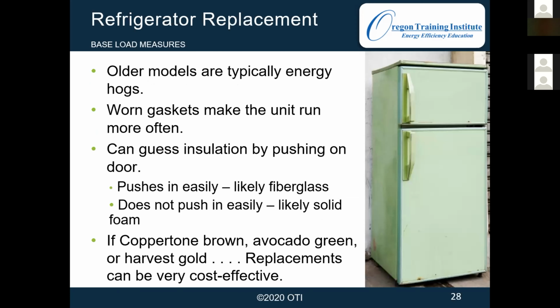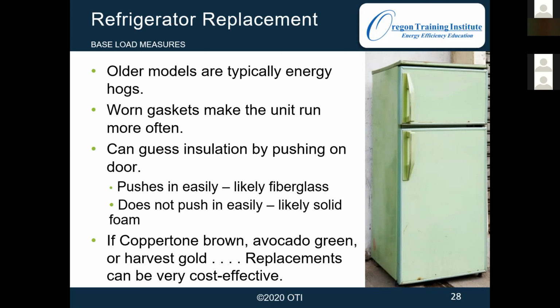when it comes to base load. One of the bigger parts of base load, especially older fridges, can use a ton of energy. This green one here is quite old, probably using $20 or more a month. And a new Energy Star fridge uses maybe $4 a month.